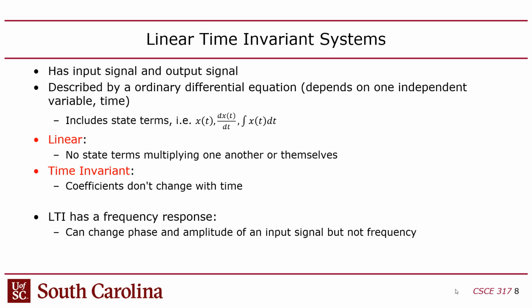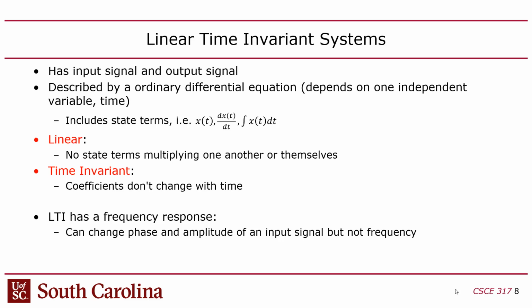Usually linear time invariant systems are represented as an ODE, just a straight up ODE, like you guys saw a lot of when you took calculus and differential equations, or they're often also shown in a Laplace domain, S domain.